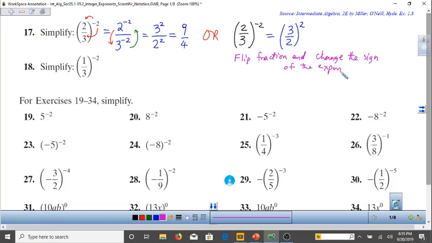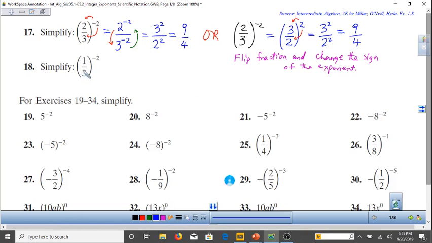And then after that, I'll just distribute and simplify. So now I'm going to distribute the 2 to the 3 and the 2 to the 2. And now we have 3 squared over 2 squared, and that equals 9 over 4. We get the same answer in either case.